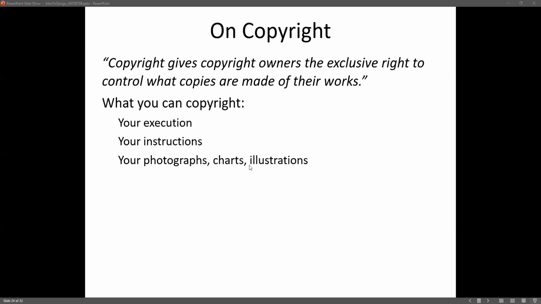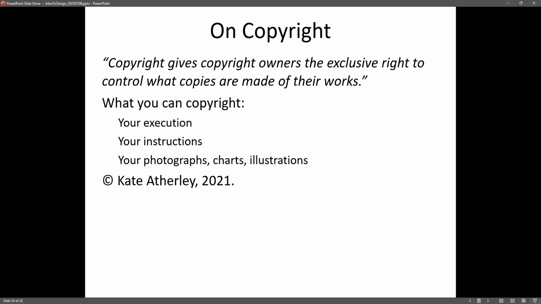The language is copies are made of their work, but it's how their work is used. So you can copyright your execution, which is the yarn you chose, plus your stitch counts, plus your gauge, plus your instructions, your photographs, your charts, your illustrations. We would do this by saying copyright Kate Atherley and sticking a year on it. But actually, you don't even need to do that. Just by publishing it and putting your name on it.